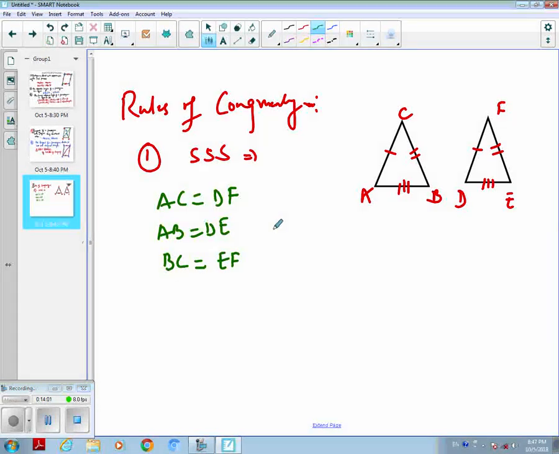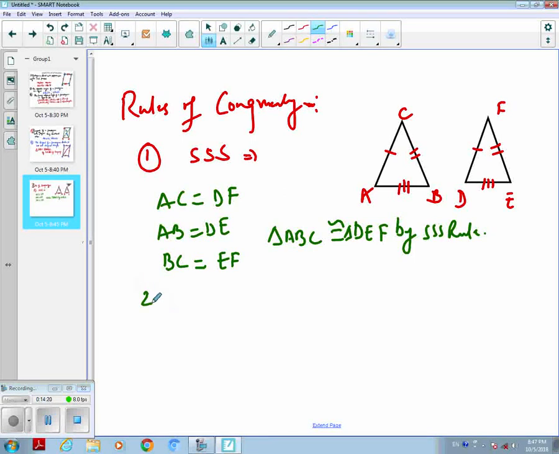Then triangle ABC is congruent to triangle DEF by SSS rule. Just remember this.